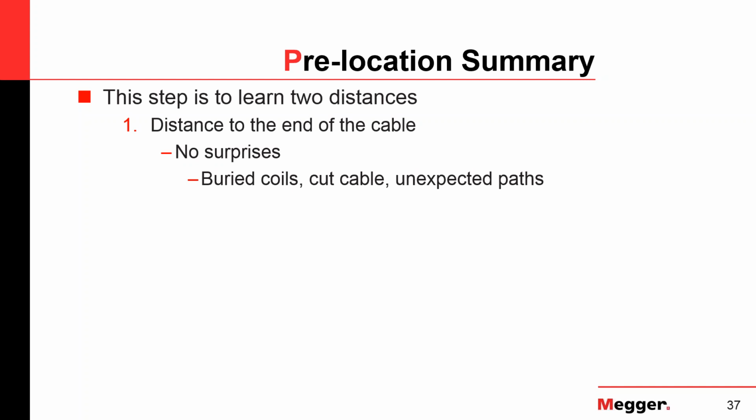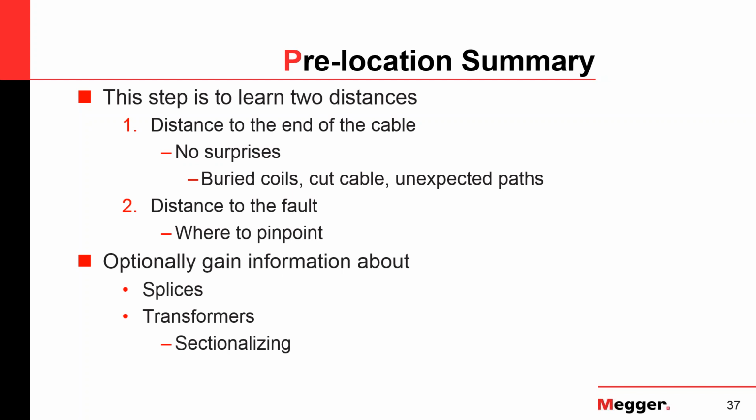So with the distance to the end of the cable, what you pretty much want to do is eliminate any awkward situations, surprises. You really want to know what type of fault you are dealing with. You will get, by using the ARM methods, a distance to the fault. So it will actually tell you the fault is this far out from where you are.